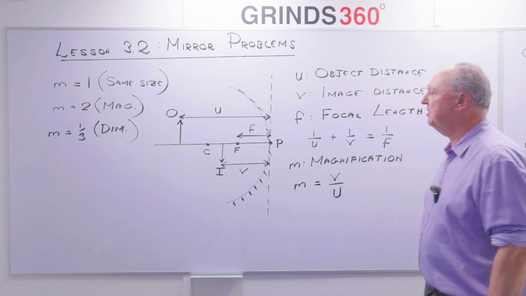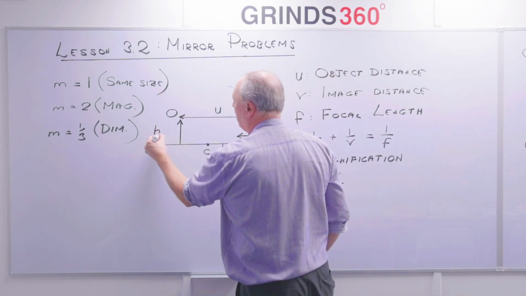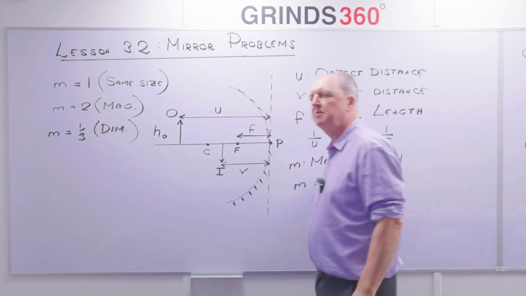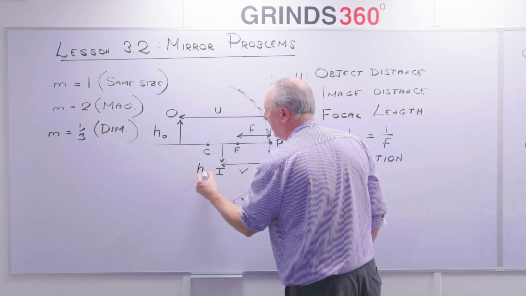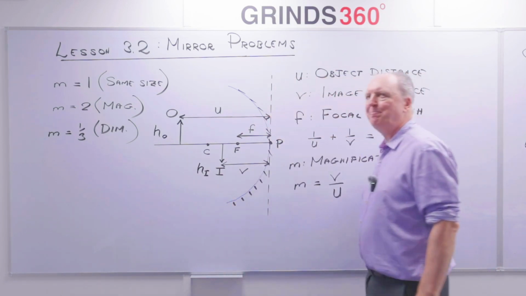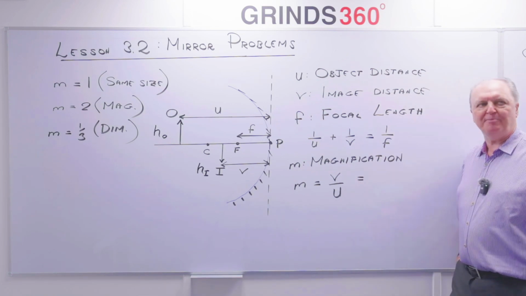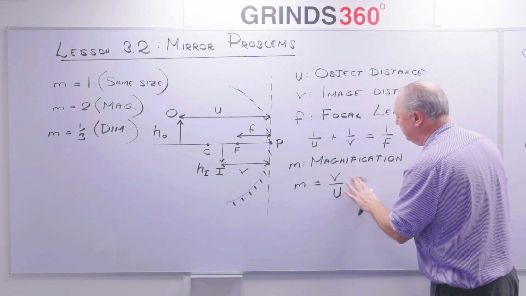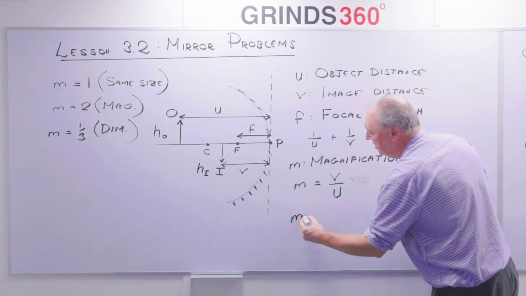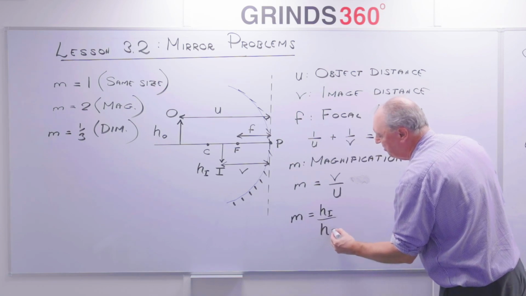So, for example, you could talk about the height of the object. The height of the object I'll call HO. And the height of the image I would call HI. So the magnification could also be, how does the height of the object compare to the height of the image? So I can write down that the magnification m is equal to HI divided by HO.